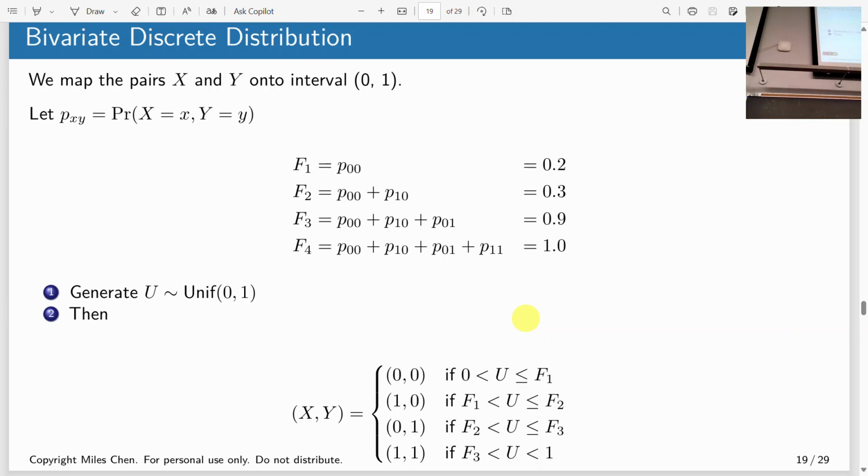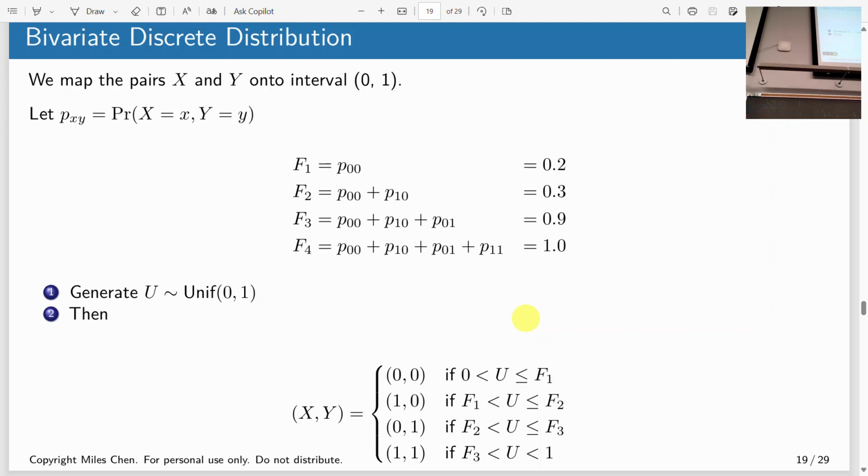This next part, 0.1, will correspond to 1, 0. Then here we have 0.6, which goes from here to here, so that will be 0, 1. And then right here will be 1, 1.